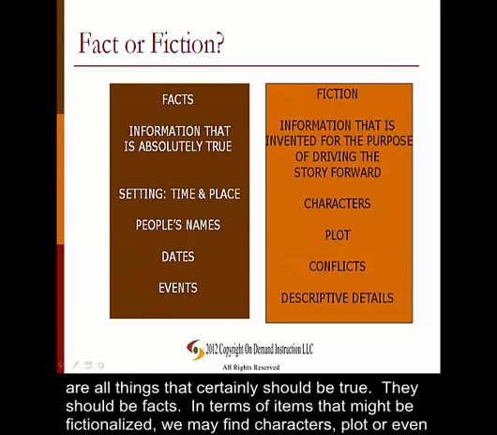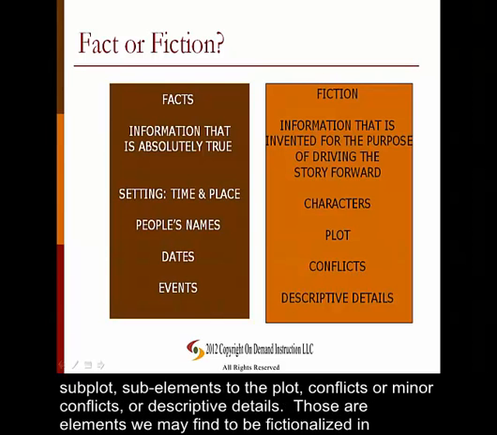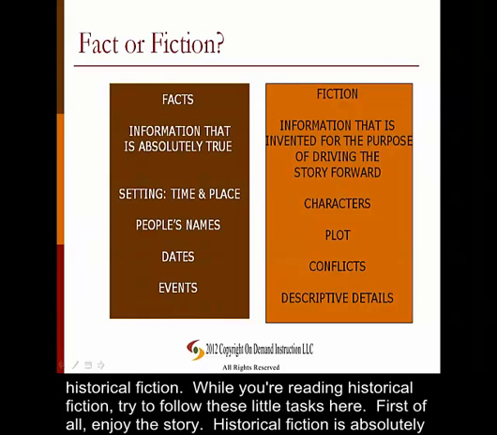Those are all things that certainly should be true. They should be facts. In terms of items that might be fictionalized, we may find characters, plot, or even subplots, sub-elements to the plot, conflicts or minor conflicts, or descriptive details. Those are elements that we may find to be fictionalized in historical fiction.